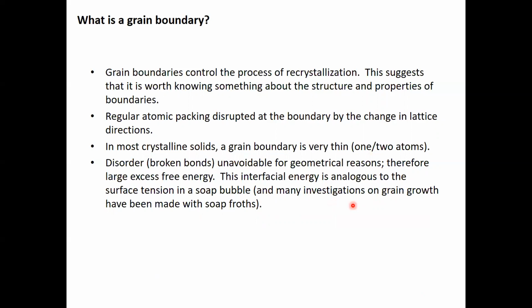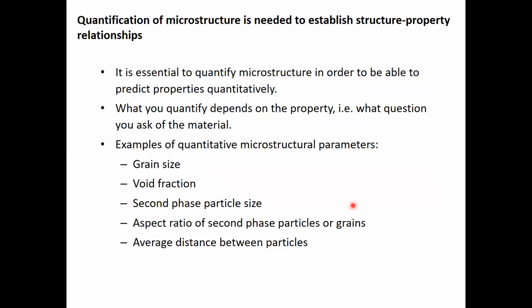So in order to define these structure property relationships and start tailoring these microstructures to have the mechanical behavior that we need, we need to be able to quantify the microstructure, right? And one of the most important quantifications that you can do is to find out what the sizes of your grains are, because then by doing heat treatments, you can do recrystallization.